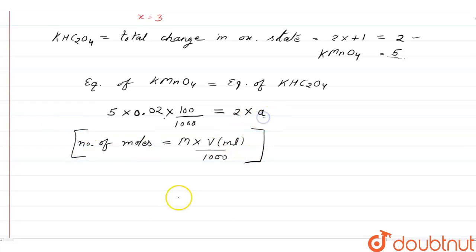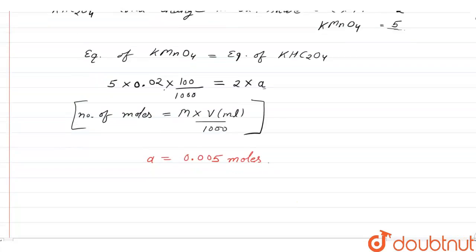A would come out to be 0.005 moles. That is, this many moles of potassium hydrogen oxalate are required to reduce 0.02 molar KMnO4 solution.